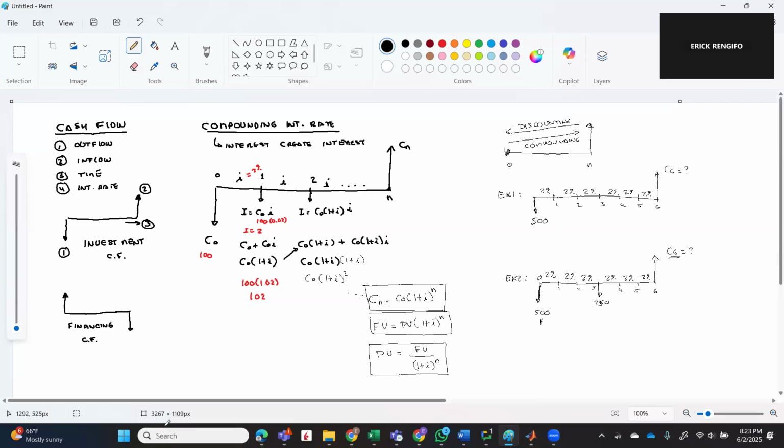What you did is you move this 500 directly to the future. You can do one future value from 500 to the future, and then the other one, you move it here. You have a quantity here, you have a quantity here. You sum these two, and then you obtain your C6. Make sense?